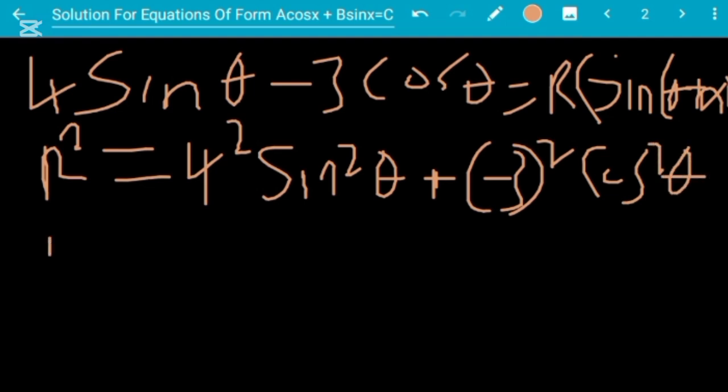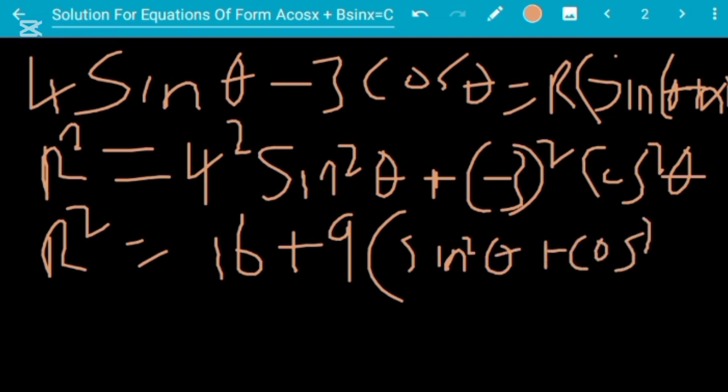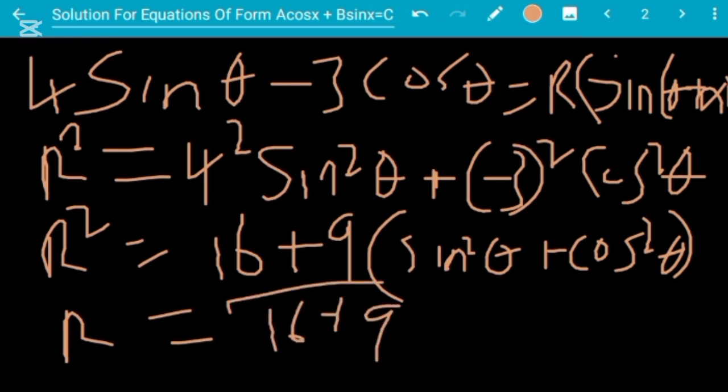So therefore my R square is equal to 16 plus 9, because sine square theta plus cos square theta gives me 1. So therefore my R is equal to the square root of 16 plus 9, which gives me 5.